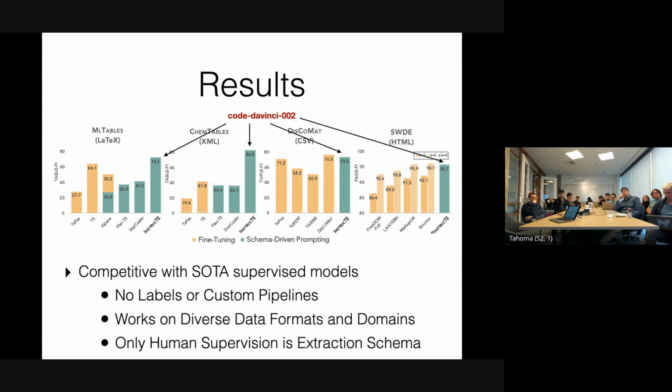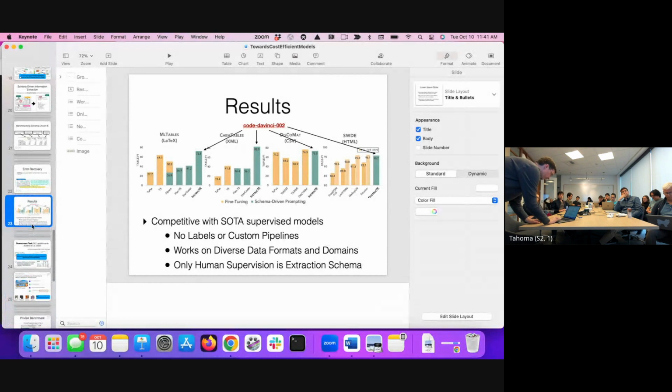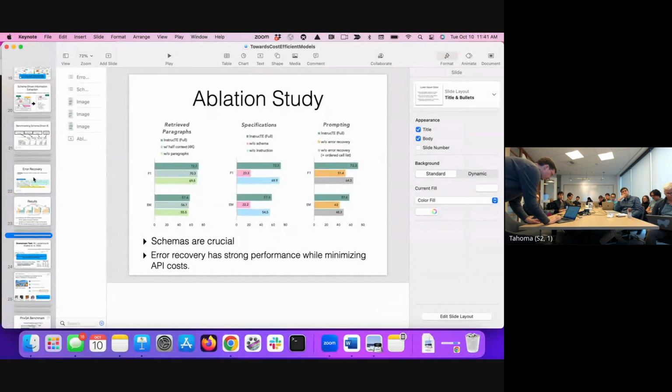Do you know how critical it is to give the extraction schema, or could models induce that? We haven't tried to really get them to figure it out themselves. I do have a backup slide. We did some ablations here, where we include retrieved paragraphs of text, right? Often the information you want to extract is not actually in the table, but in the text or the caption.